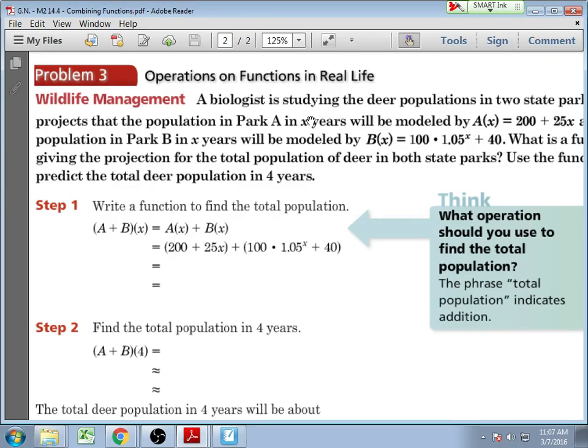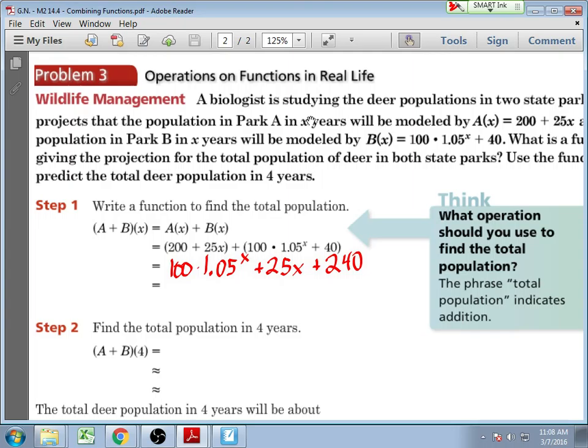Looking for like terms here, I've got constant, variable term, an exponential term, and then another constant. So I see I have two constants that I combine. I'm going to move my exponential term up to the front of my expression. Then I'm going to do my variable term. Then I'm going to do my constant term.